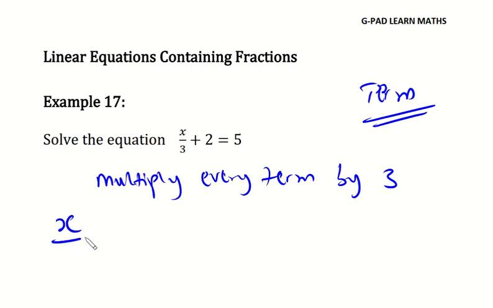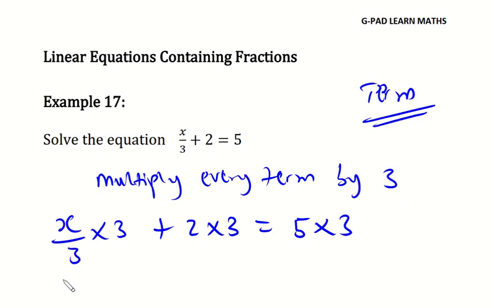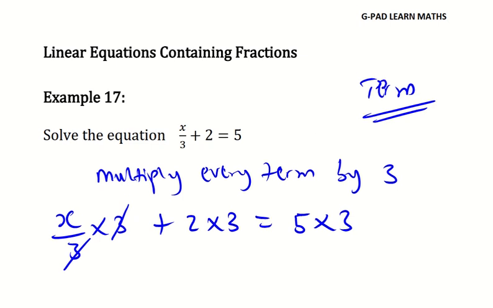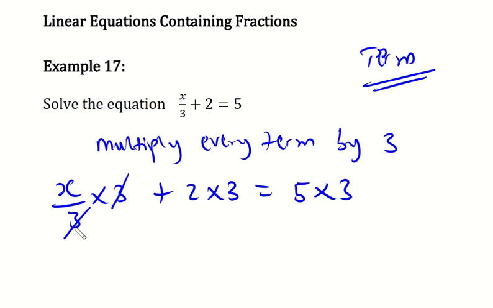We'll have x over 3 times 3, then plus 2 multiplied by 3, and 5 multiplied by 3. I multiplied this by 3, this by 3, and this by 3. Watch again. This 3 will cancel this 3. That was the intention, to take away the fraction.